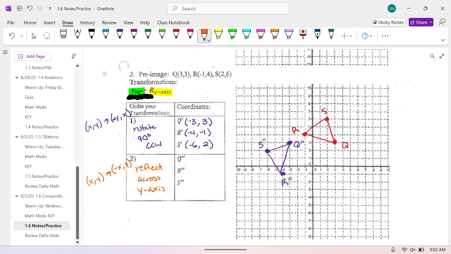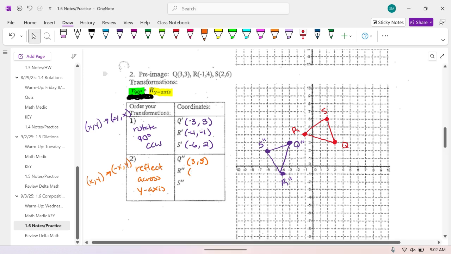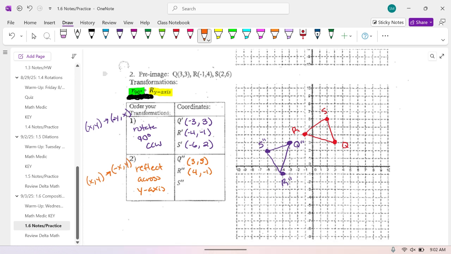So what's my new Q point? 3, 3. What's my new R point? 4, negative 1. And S, 6, 2. And then we can go ahead and plot it.